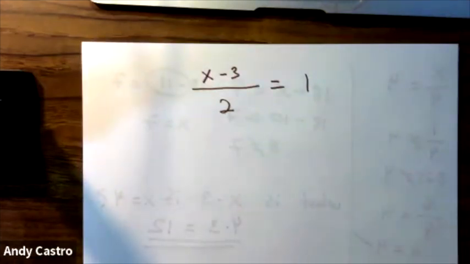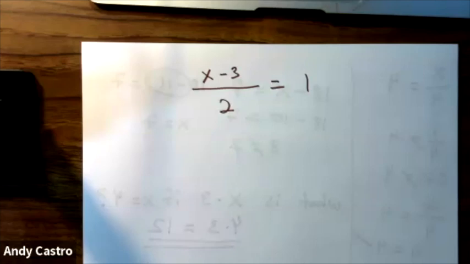The quantity x minus 3 divided by 2 is 1. What does x have to be? Okay, got one right answer and one wrong answer. So if you've submitted, go ahead and take another look at that.